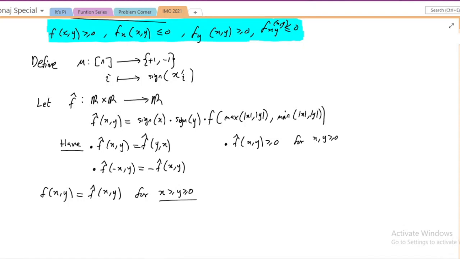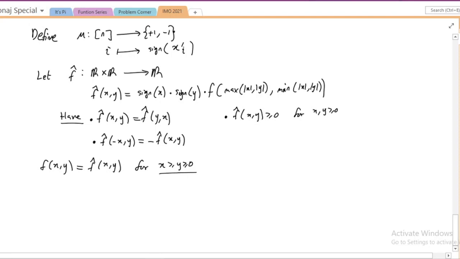Okay, so we'll be working with f cap, and that's the version we'll be rewriting lemma 1 in terms of, so just call it lemma 2.